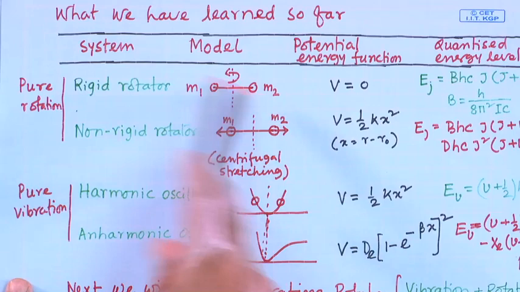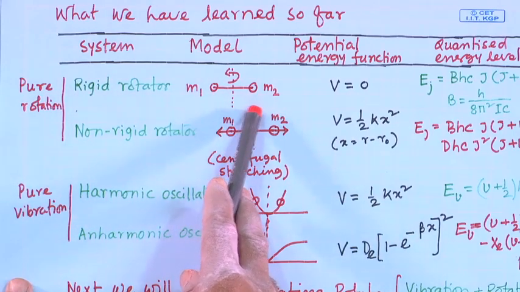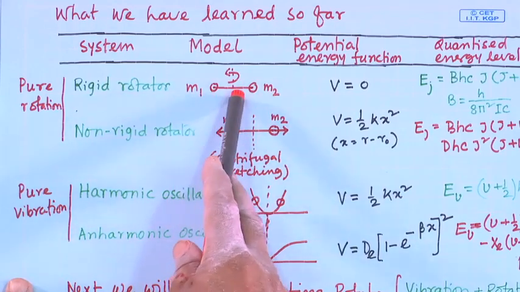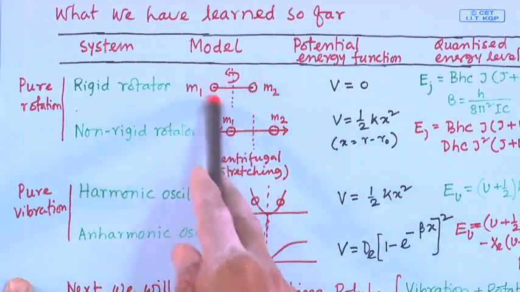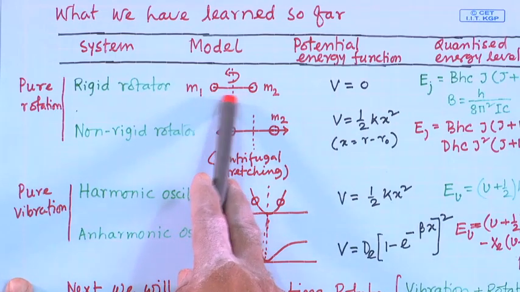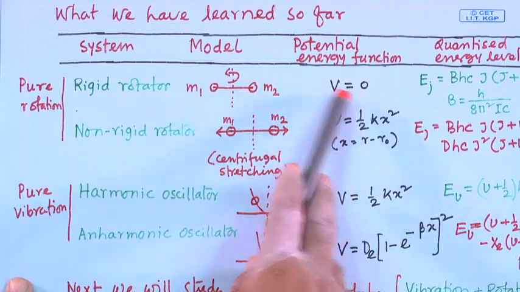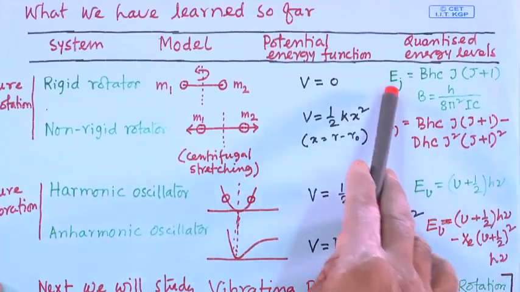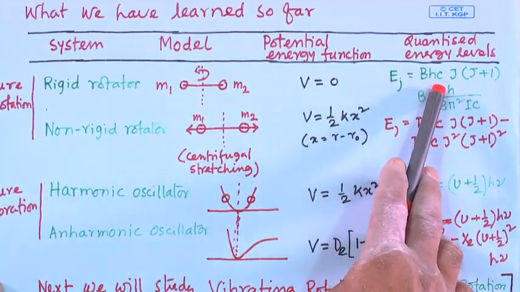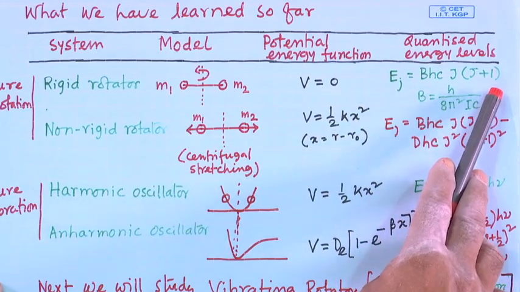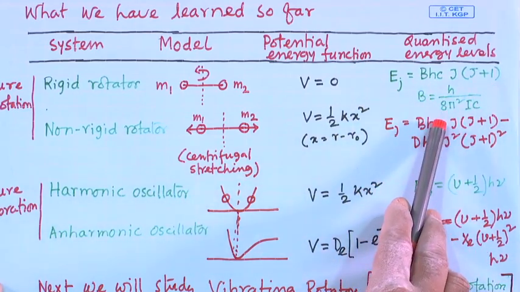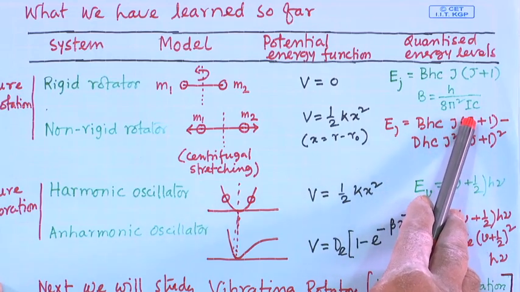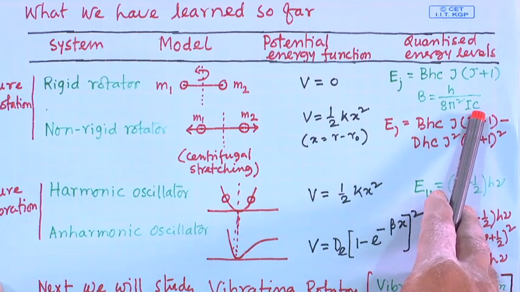The rigid rotator is a diatomic linear molecule rotating, with potential energy 0, and its energy E_J equals B h c J(J+1), where B equals h by 8 pi square I c, I is the moment of inertia, and c is the light velocity.